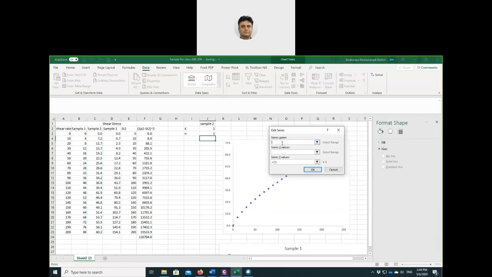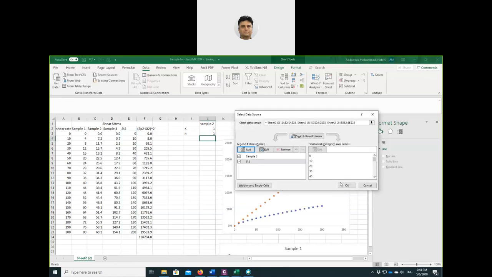This one is ST2, theoretical data for sample 2. The X is the same and the Y is coming from the theoretical data. You can see we have this orange one.